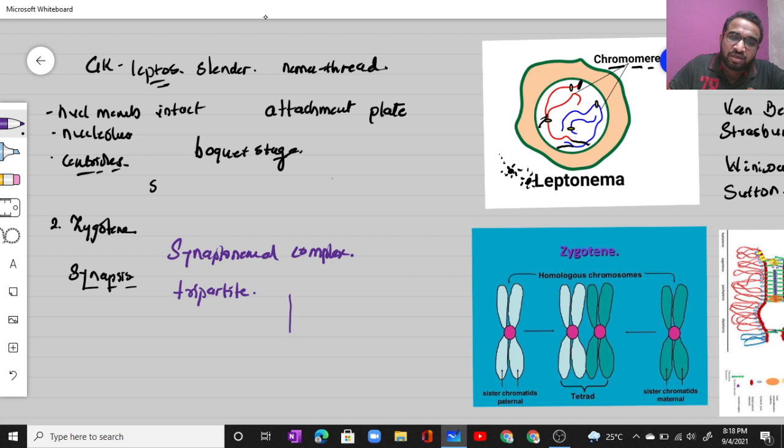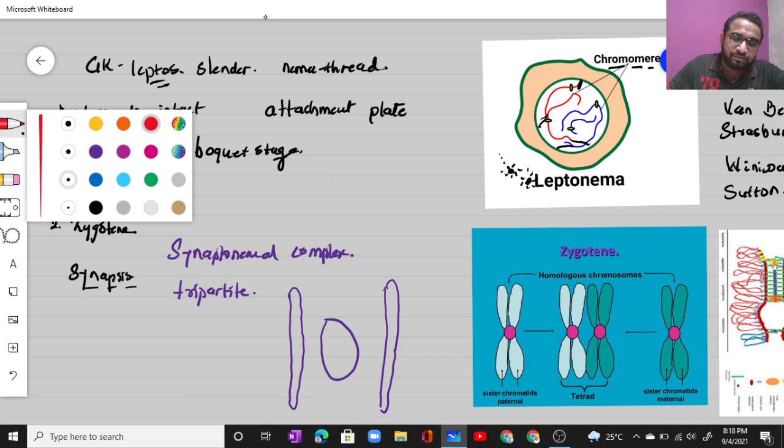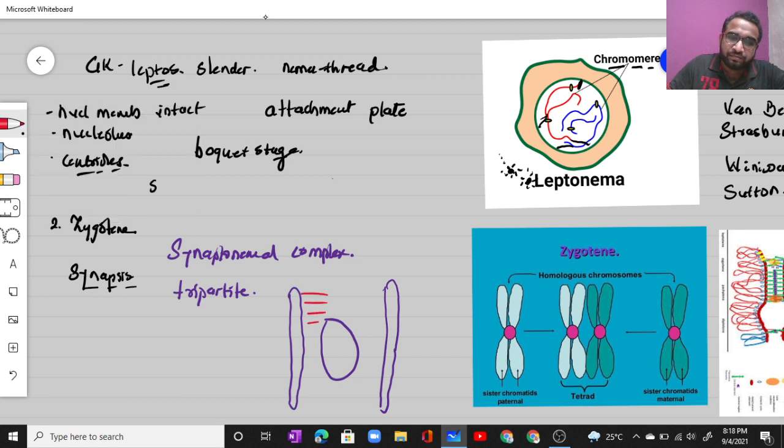Let me draw a representative diagram over here so then we can discuss on this. Okay, so this is a synaptonemal complex.